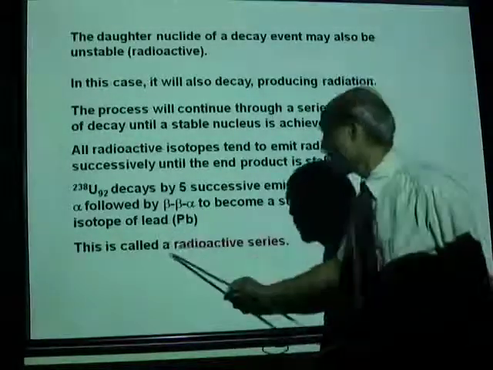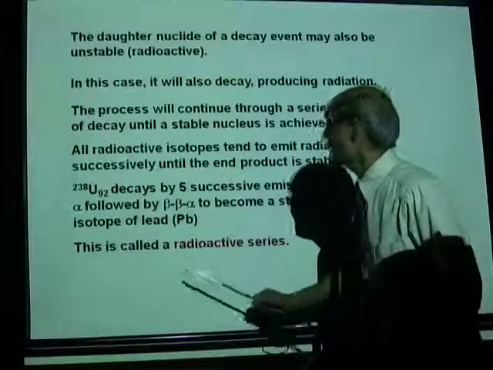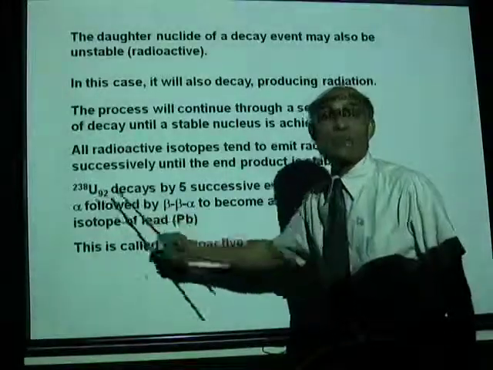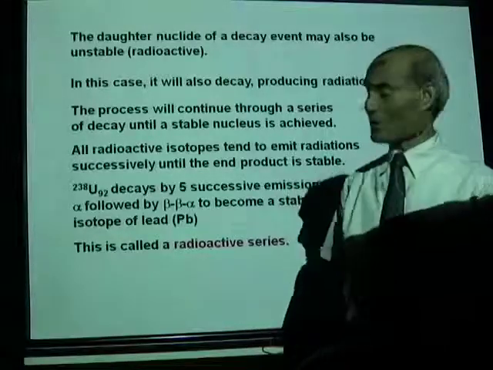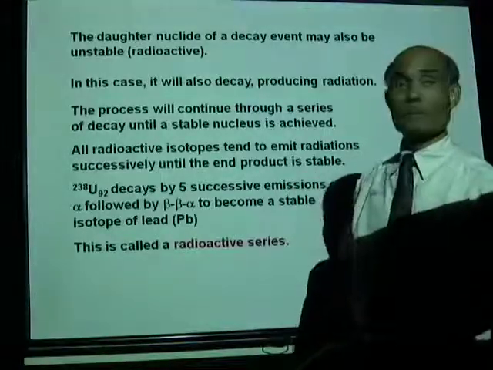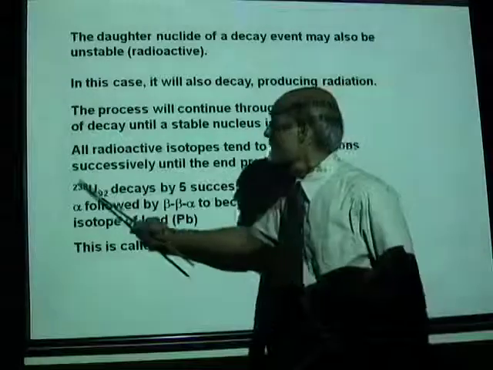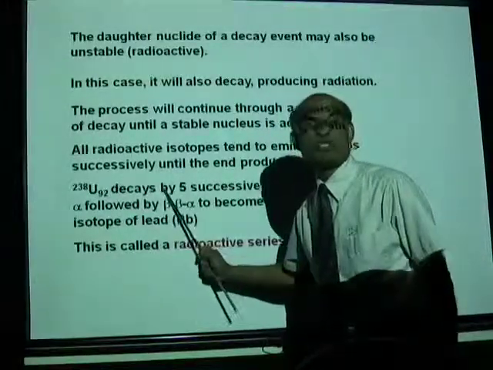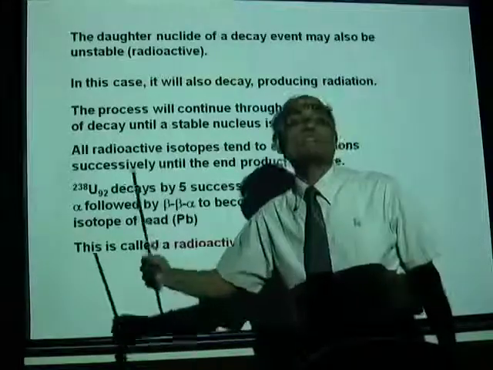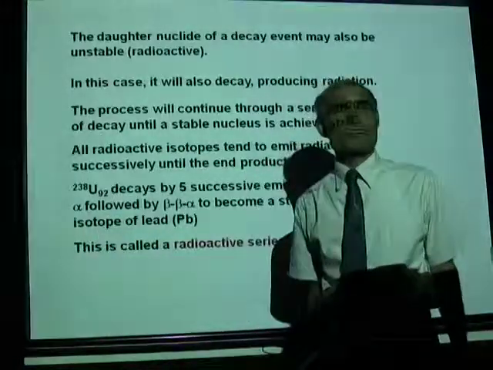And now this is called the radioactive series of uranium, or it is called the uranium series. Now, do you want to write that down? When uranium-92-238 decays by emitting the first alpha, what is the daughter element? Can you write that down?